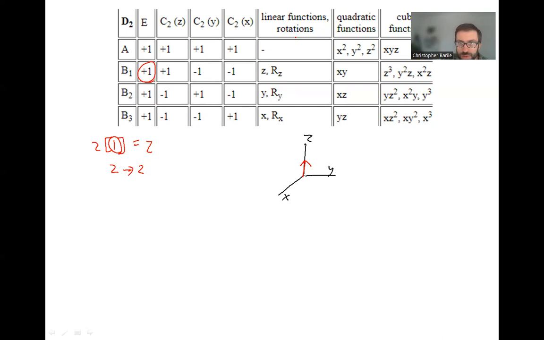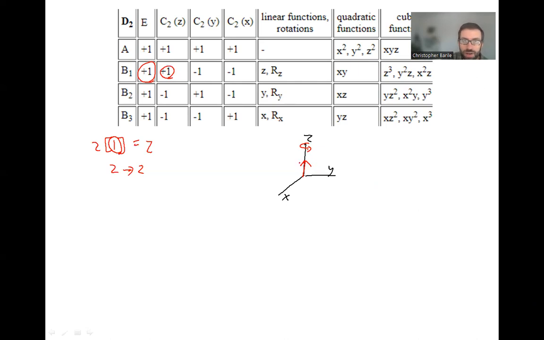The next one here, we have a C2z. Well, if you do a rotation, that's doing a 180-degree rotation of a vector like this that is in the z, it's not going to do anything. So that's why you get a positive 1 there.